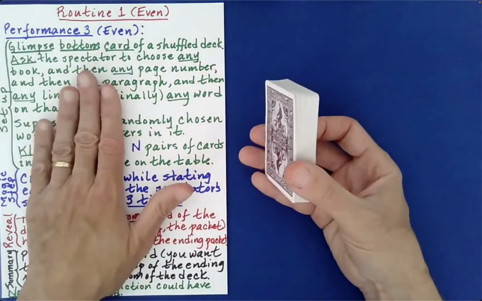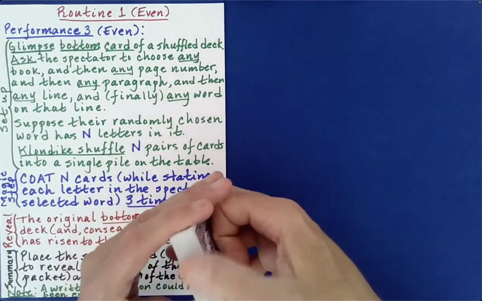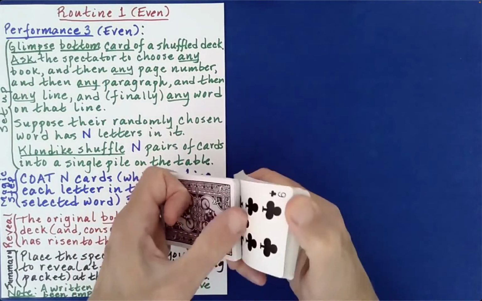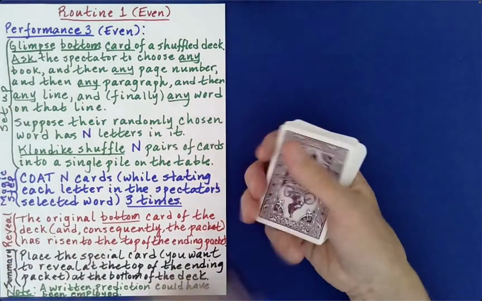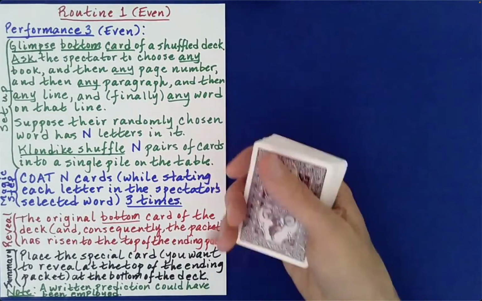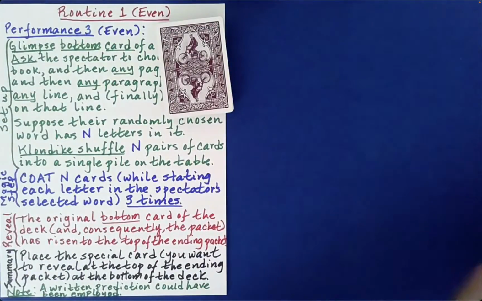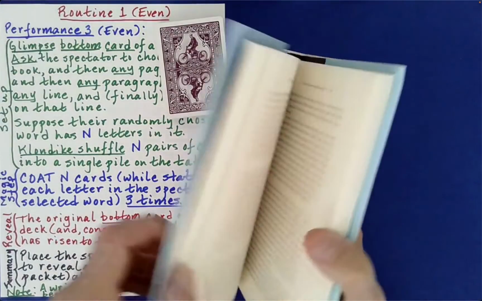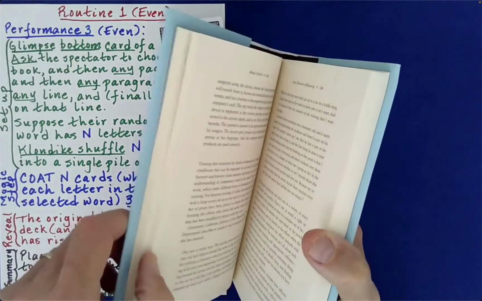So let's kind of go back to the beginning here. So we have let's say a special card or even the joker if you want. You pull the joker out, put it on the bottom, mix it, but leave it where it is, right? And then you allow them to go through and randomly choose a page, a paragraph, a line, a word.